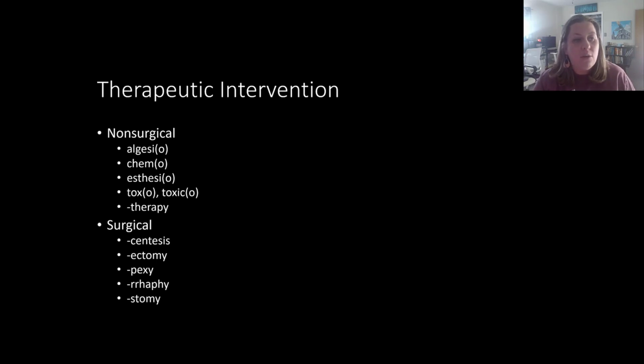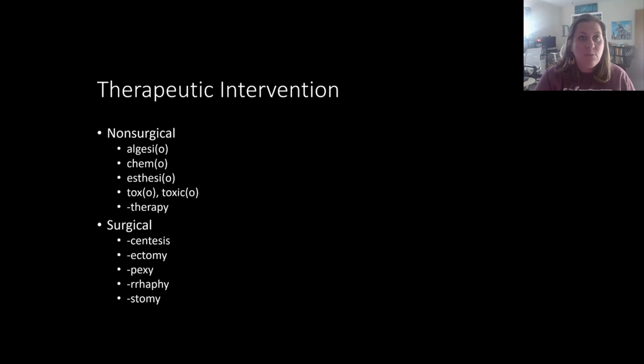We have toxo or toxio. That's going to be a toxic dose or toxin. There's also toxicology, where you would then study poisons. And then you also have therapy at the end. So radiotherapy, cryotherapy. Cryotherapy is where you treat with cold. Thermotherapy is treatment with heat. So if you use like a heating pad, those would all be non-surgical versions.